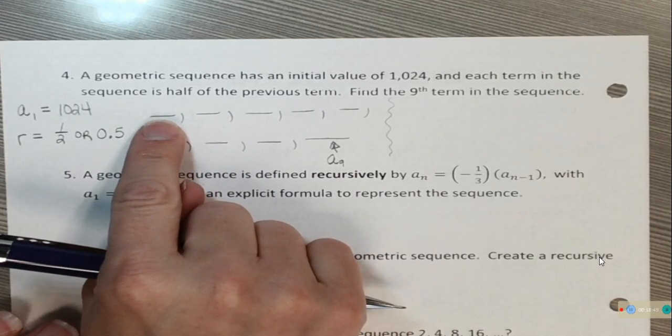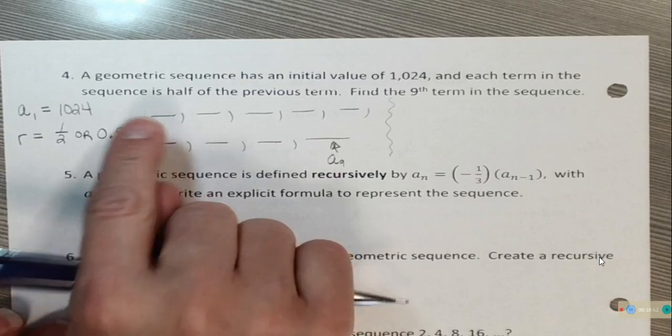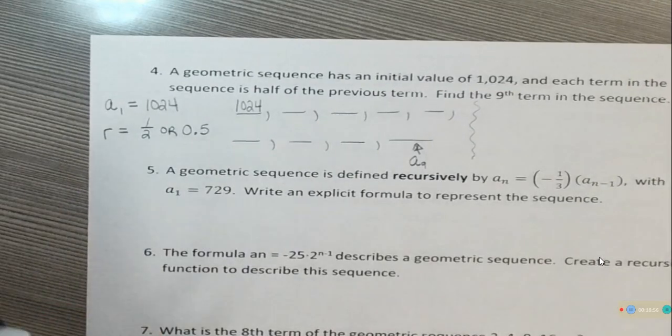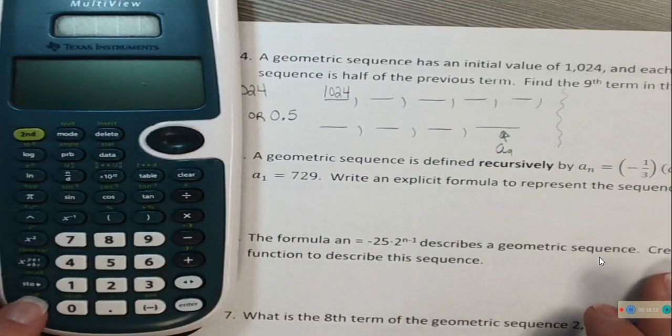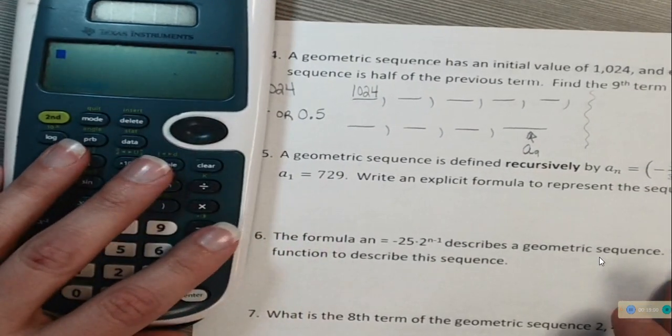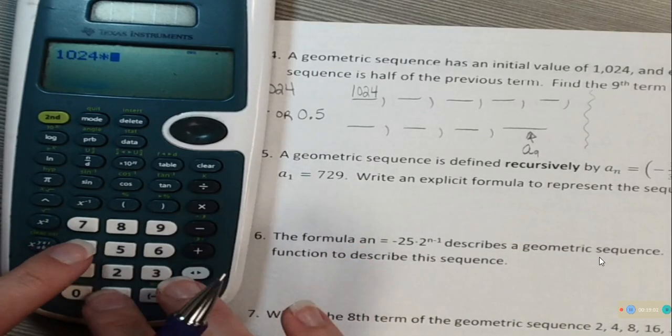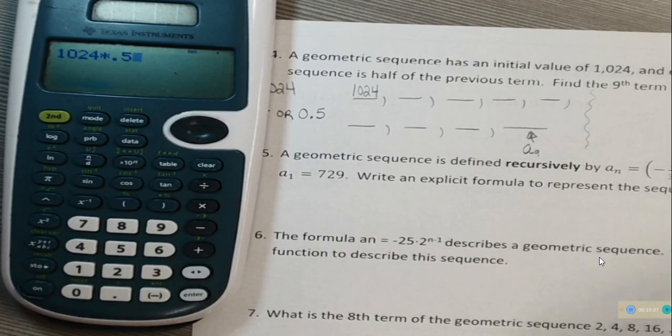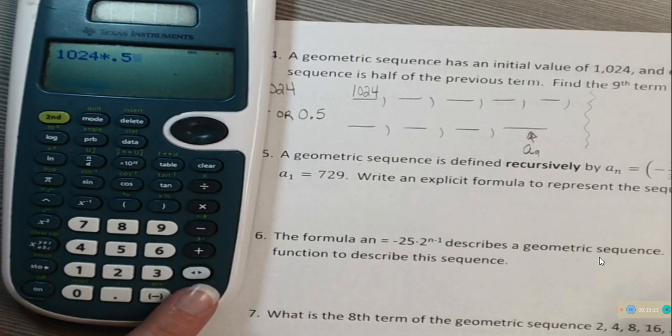Where does the sequence start? What's the very first number? 1024. Okay? Now, I am not about to do this in my head. 1024 times 0.5. Now, I could have done times 1/2, but I'm just going to be totally honest with you. Typing 0.5 is a lot easier than doing the fraction. That's why I did 0.5.